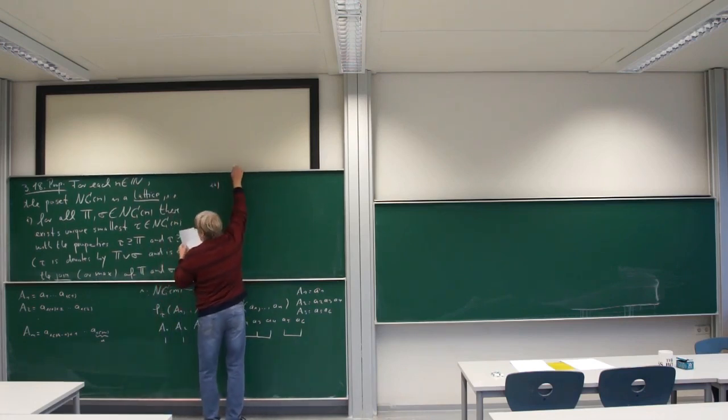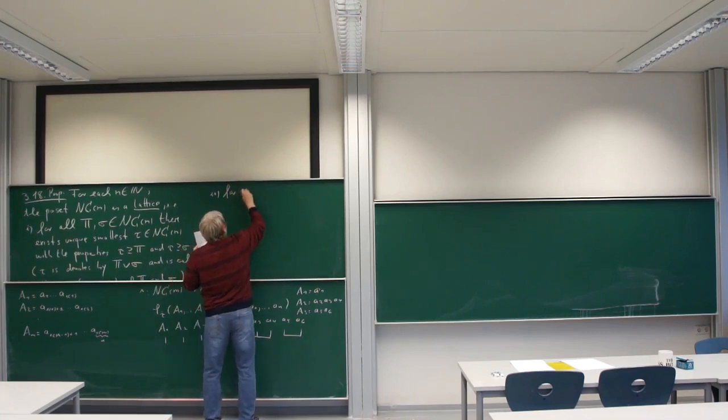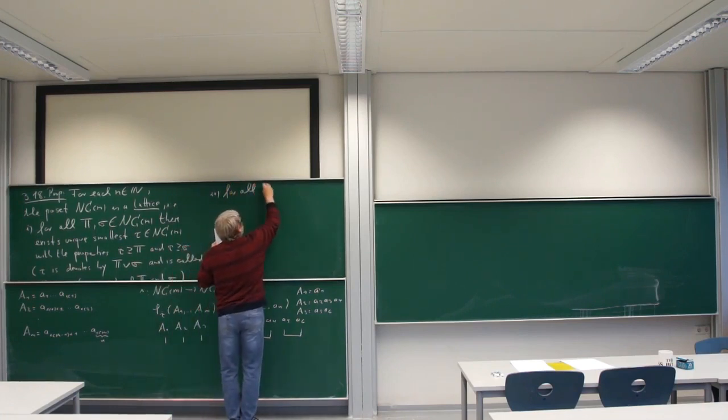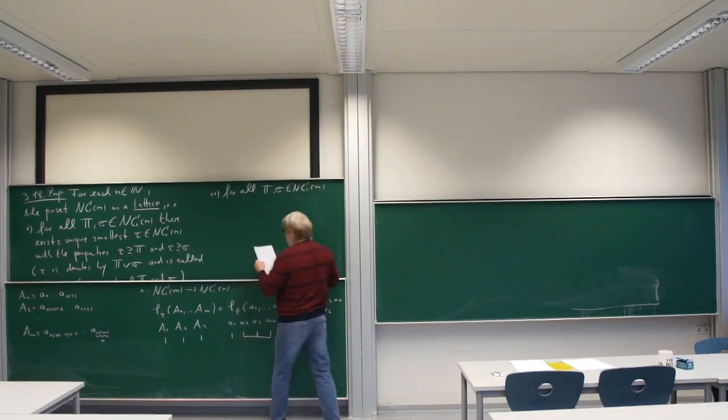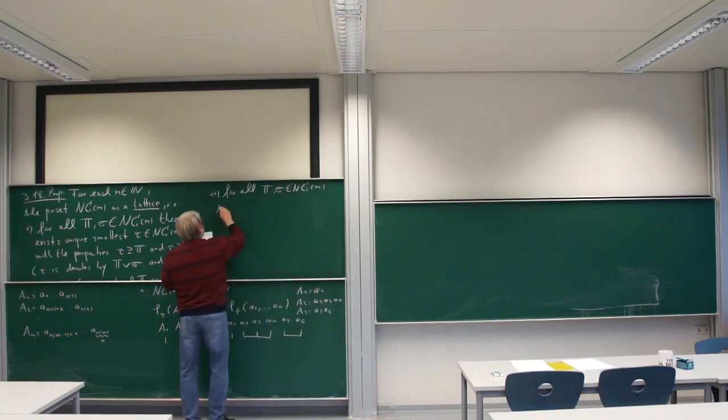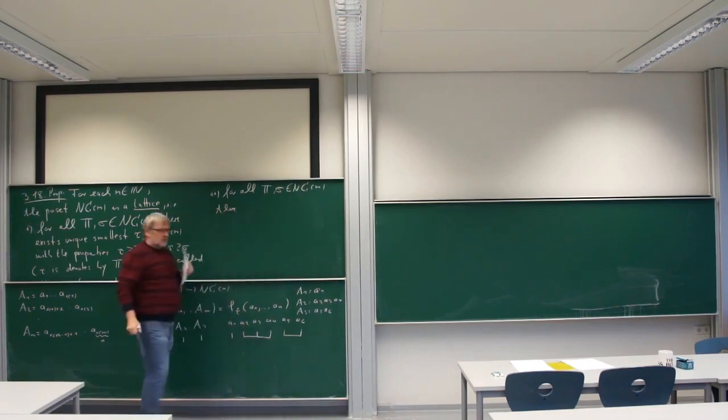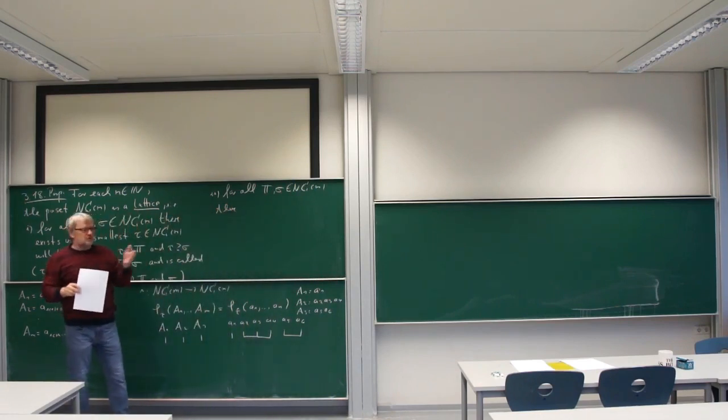The second part: also for each pair pi and sigma in the non-crossing partitions, there exists a minimum, and what should a minimum be? A minimum should be smaller than each of them, but it should be the largest of those.